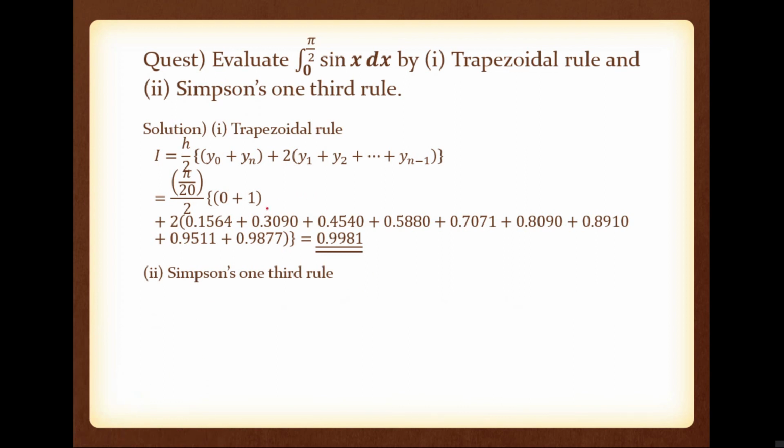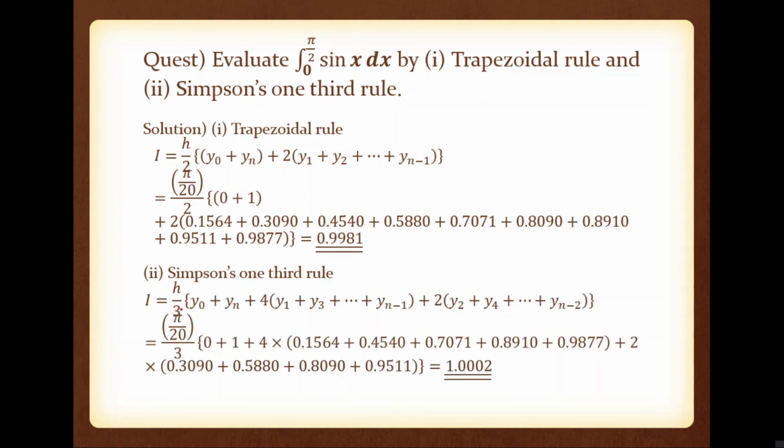So for me, I is equal to h by 3 into y0 plus y10 plus 4 into odd terms, that is y1 plus y3 plus y9 plus 2 into even terms, that is y2 plus y4 plus etc. y8.